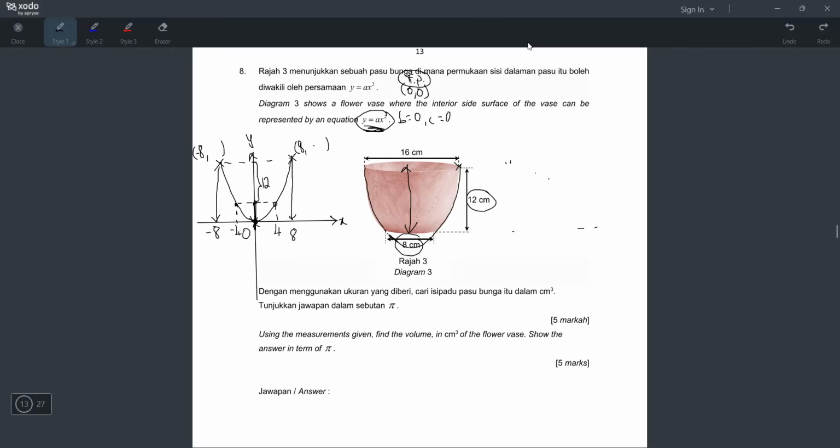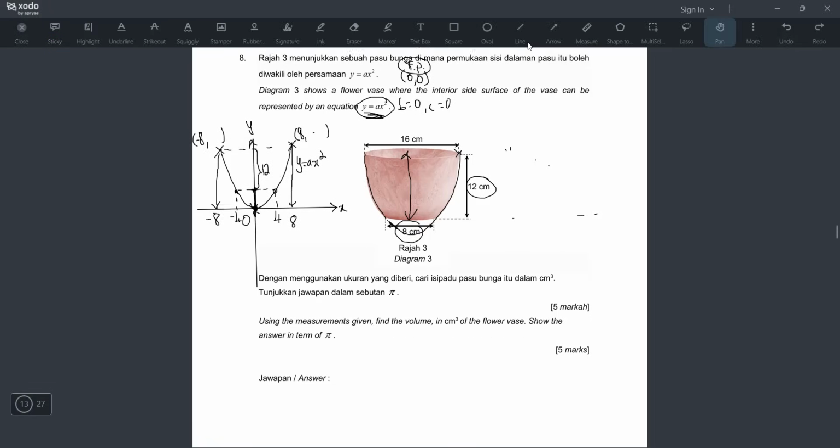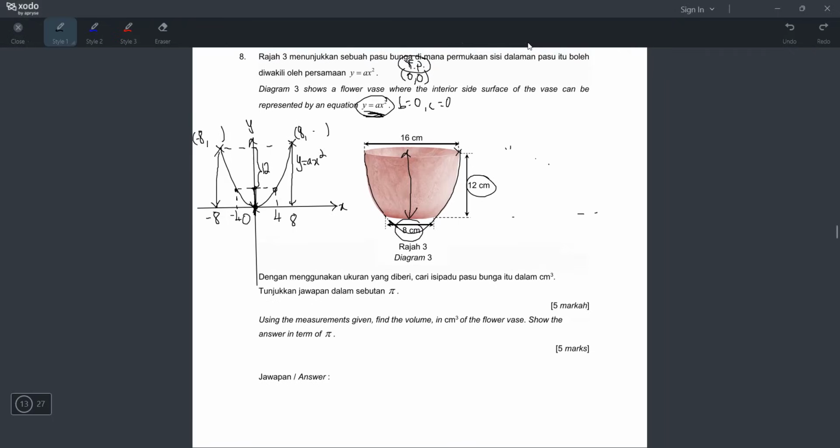Okay, first of all, when we have the equation already, y equals ax squared, right? So I think we can substitute 4 inside the x. Do you agree? To get the height here, right? Even though the equation is not complete, we will get it in terms of a, but we can still do that. So let's go. y equals ax squared.